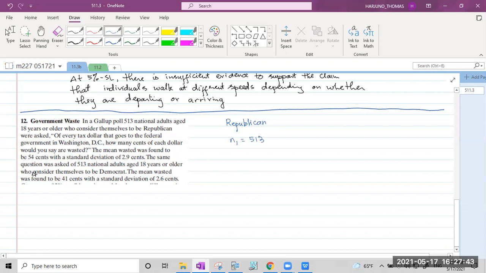Now, the mean wasted was found to be 54, so x1 bar is 54 cents with standard deviation 12.9. Now, the same question was asked to 513 national adults aged 18 years or older who consider themselves to be Democrat.